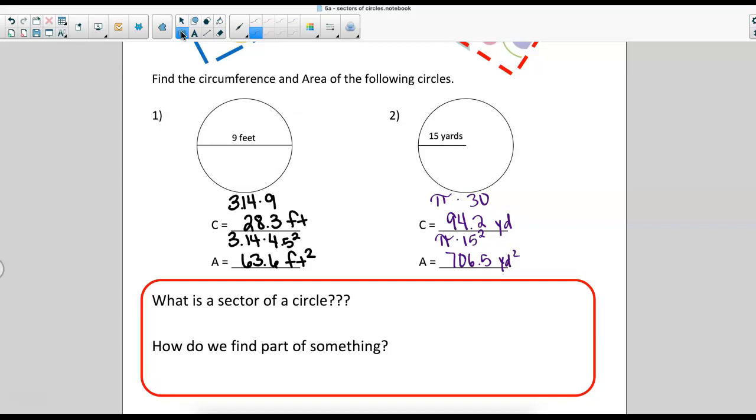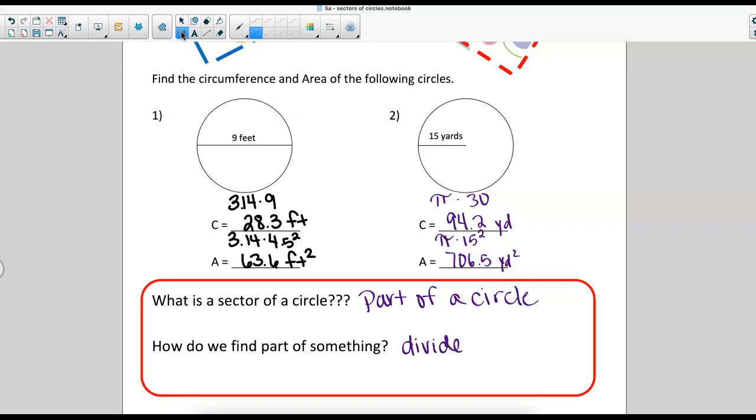So a sector of a circle, we talked about that just before, and we said that's a part of a circle. It's like a section of it. How do we find part of something? Any thoughts? Isaiah? Divide. Absolutely. To find part of something, we just divide.